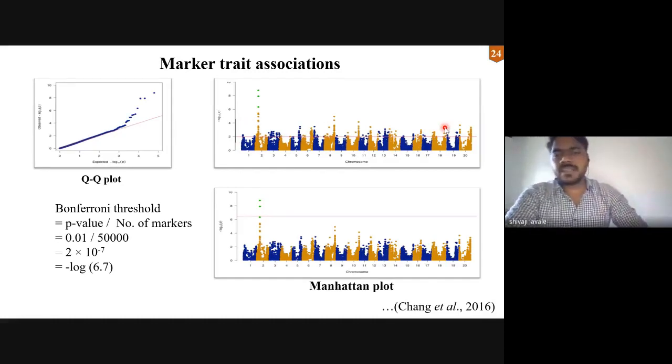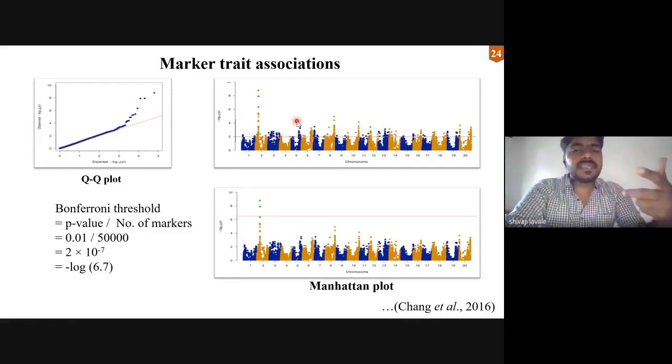But in this case, we can see a large number of SNPs showing association. These are actually false associations or spurious associations. Why does this happen? Because we have a large number of markers. What is the significance? 0.01, so there is a 1% chance of error.